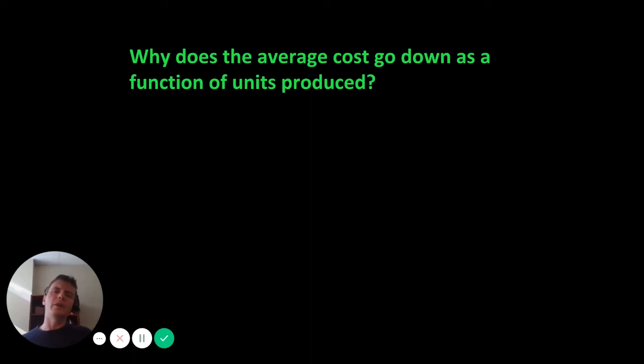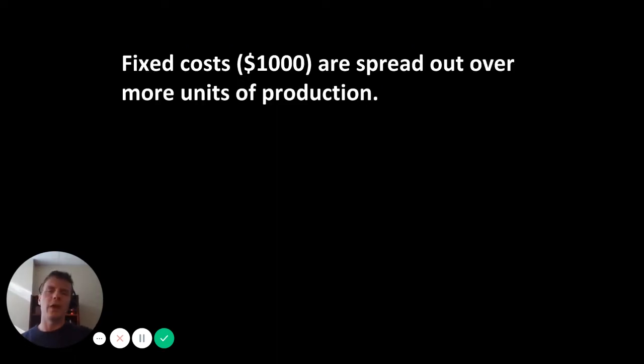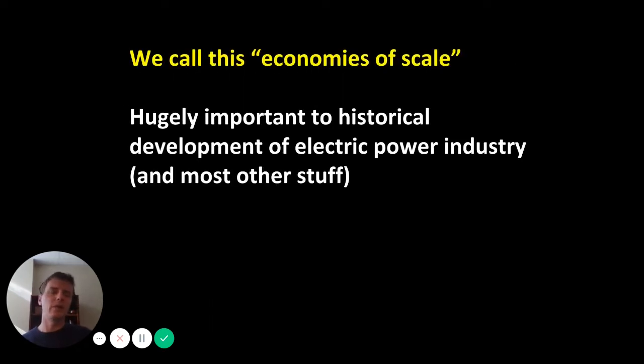So why does the average cost go down as a function of the units produced, at least at first? The answer is that the fixed costs, remember we have to pay $1,000 no matter how many units we produce, are spread out over more units of production. And we call this phenomenon economies of scale, right? The fact that you can produce more things and spread the fixed cost that you have to pay no matter how many you produce over more and more individual units.